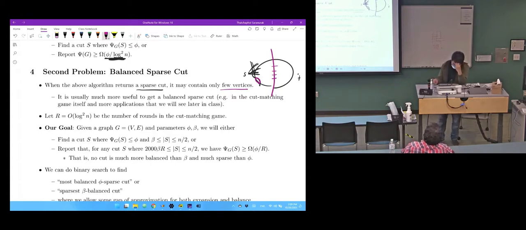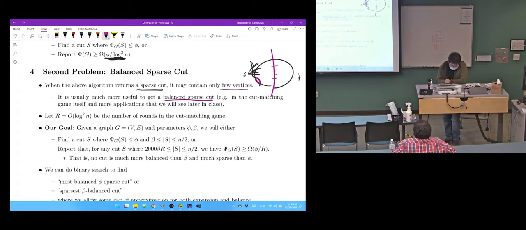This is very useful, at least in the cut matching game itself, but there are many more applications of balanced sparse cut. Now let's see how to get a balanced sparse cut.